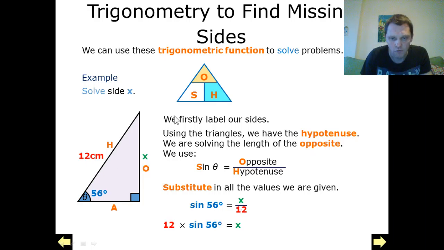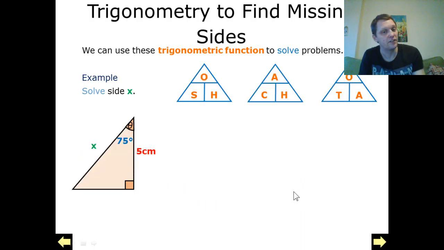Now if I was to rearrange this, taking my 12 from the right hand side to the left hand side, it's dividing on this side, so it becomes multiplication on this side. So 12 times sine 56 equals x, which equals, when we tap this into our calculator, 9.95 centimeters to 2 decimal places.